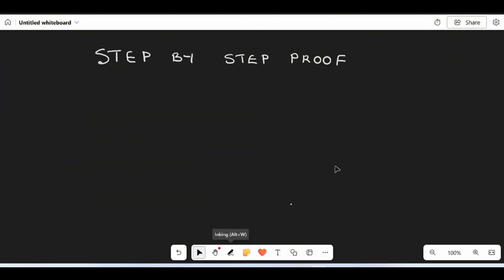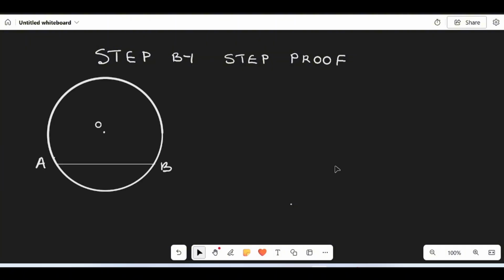Let's prove it step by step using simple geometry. Draw a circle with center O and chord AB. Draw OC perpendicular to AB. Join OA and OB.